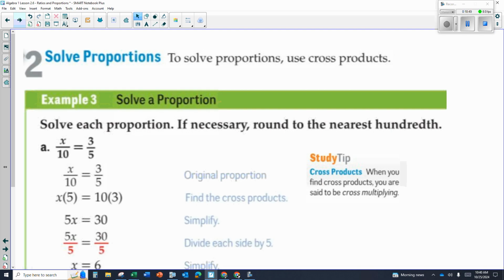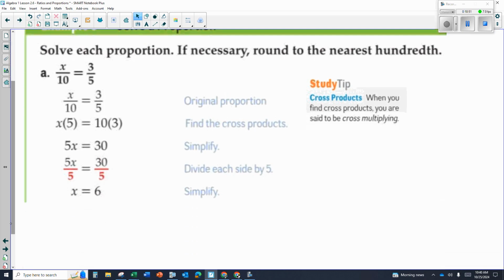Once you are told a ratio is equal to another ratio, then you can use that proportion to solve for a variable like we have here. So here we've got the ratio of x to 10, so x divided by 10, equal to the ratio of 3 to 5, 3 divided by 5. So we are going to take the product of the extremes, x and 5, x times 5, and then set it equal to the product of the means, 10 times 3.